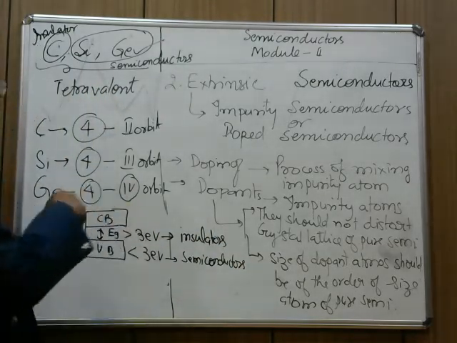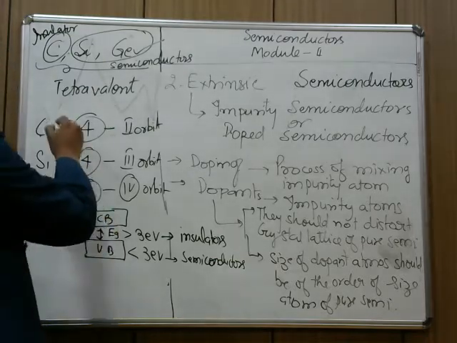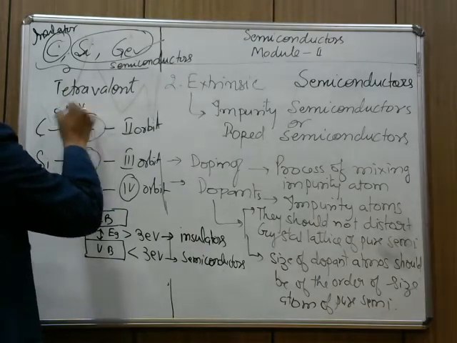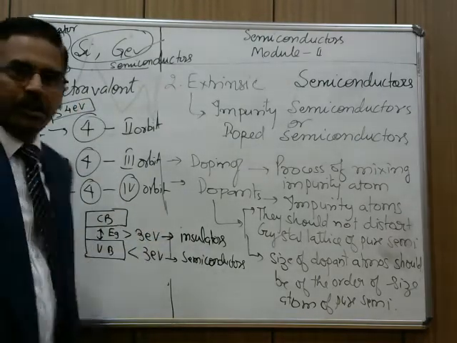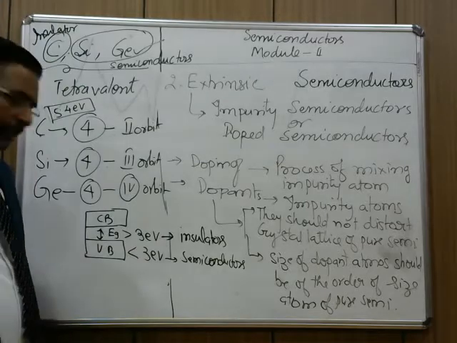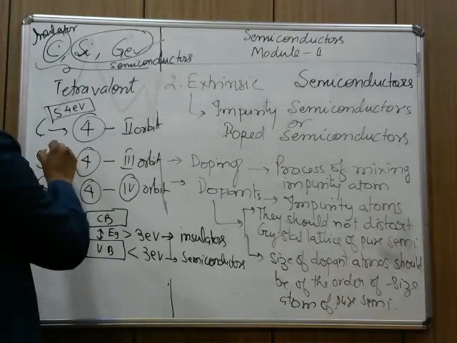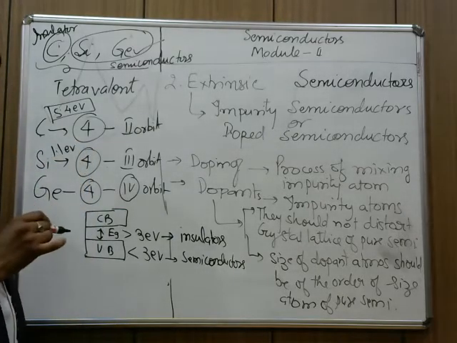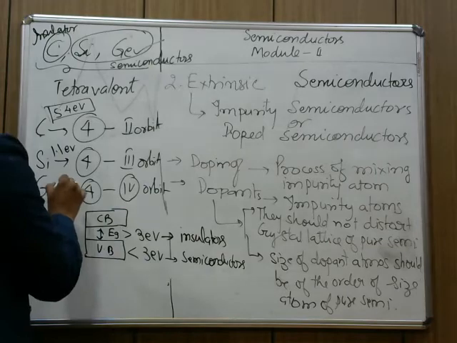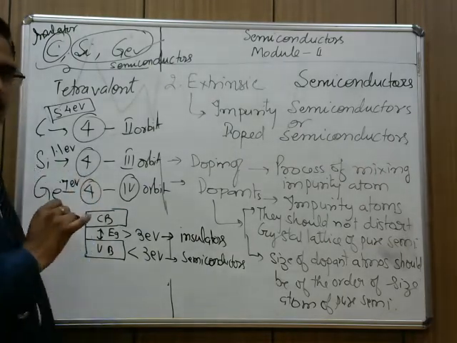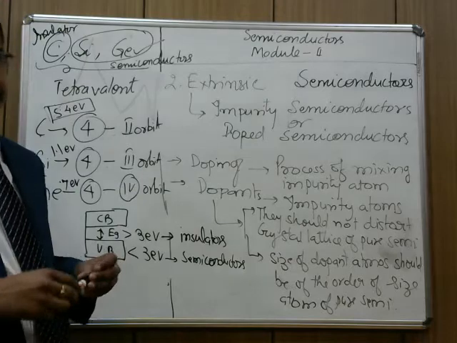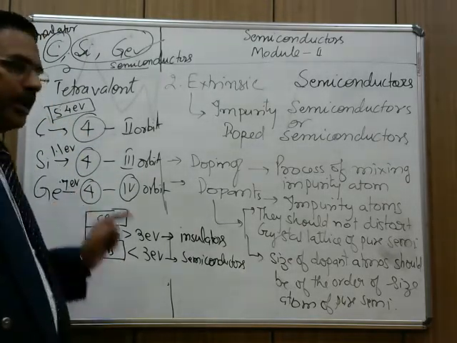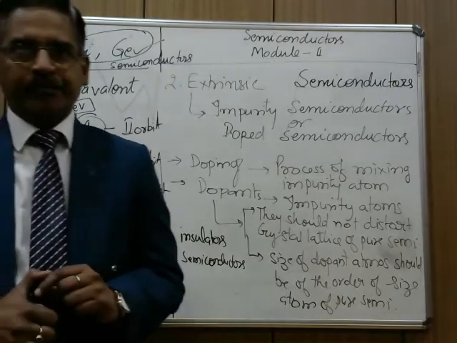Now, on this basis, carbon has an energy gap of 5.4 electron volt, and therefore it lies in the category of insulators. And as I told you earlier, silicon has an energy gap of 1.1 electron volt, and germanium has 0.7 electron volt. Therefore, among the 3, carbon is an insulator and germanium has maximum conductivity.